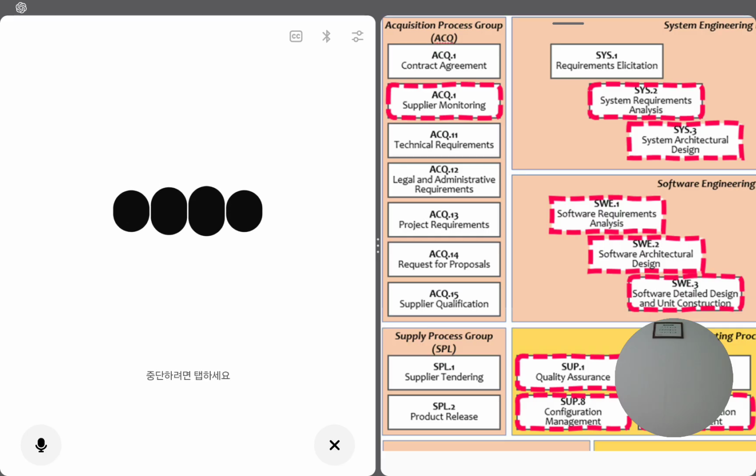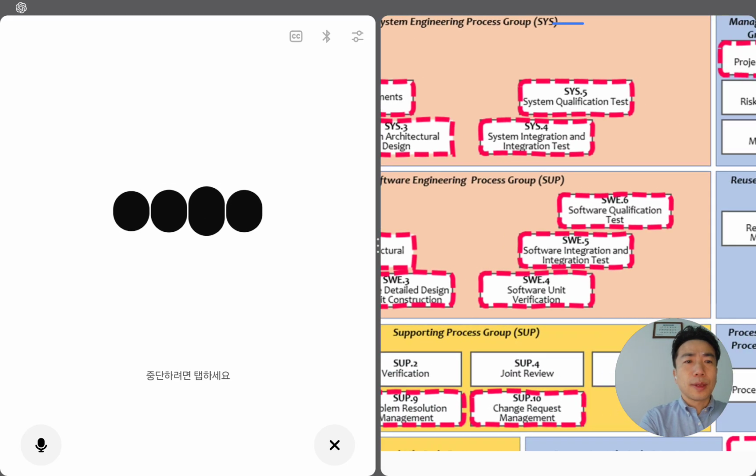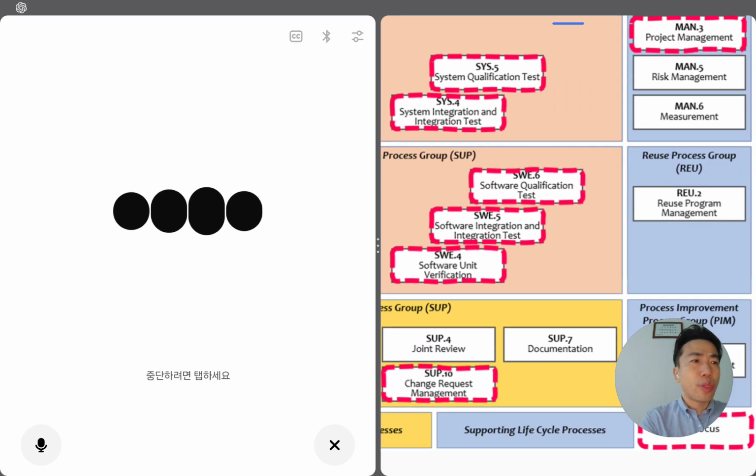Sure, David. Here's the big picture again in plain terms. That diagram lays out how ASPICE structures software and system development, like a roadmap for building reliable automotive software. It's divided into groups that show who does what and when. The red dash boxes mark VDA focus areas, meaning those are the processes auditors actually check during an ASPICE assessment.